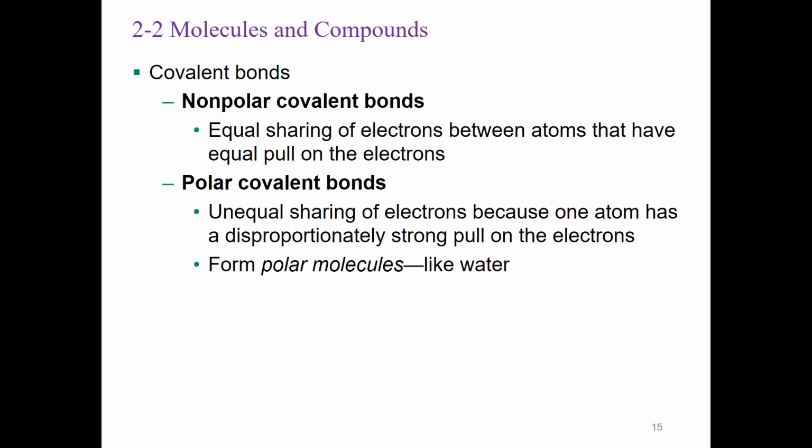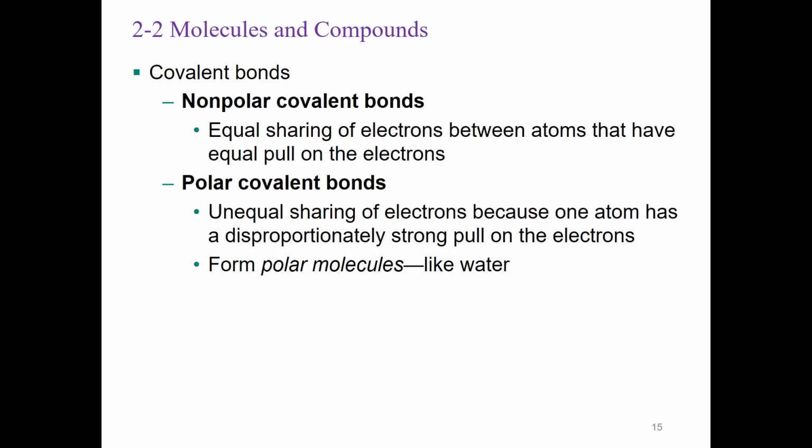We call that nonpolar. This happens, for instance, between two atoms of the same type. For example, two hydrogen atoms may share a pair of electrons equally. The electrons are going to spend the same time with one hydrogen as they spend with the other. So that's going to mean equal or fair sharing of electrons.